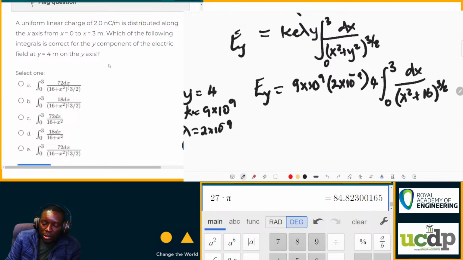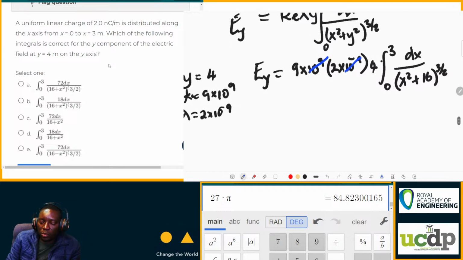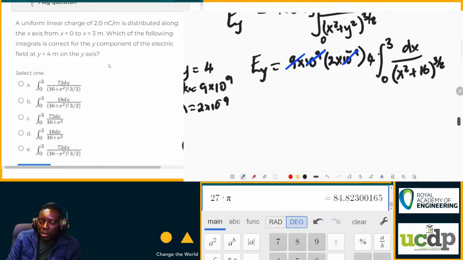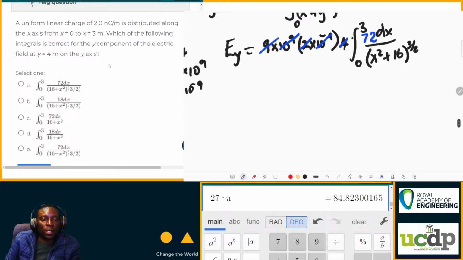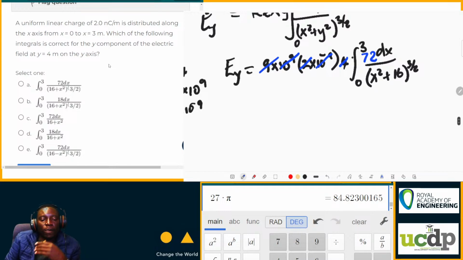Okay, let me use a different color. This cancels that. Then we've got 9 times 8, which is 72. So that's this, and 72 in there. Do we have an expression like this? That's A. That should be A.